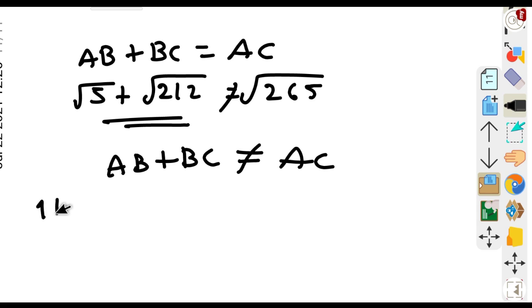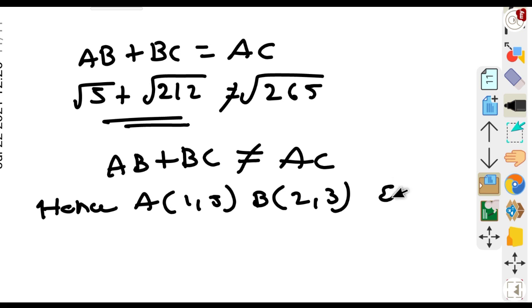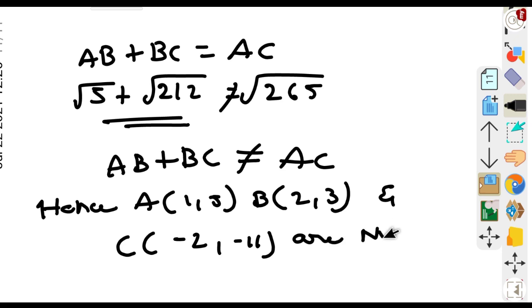So we can write hence A of 1 comma 5, B of 2 comma 3 and C of minus 2 comma minus 11 are not collinear points.